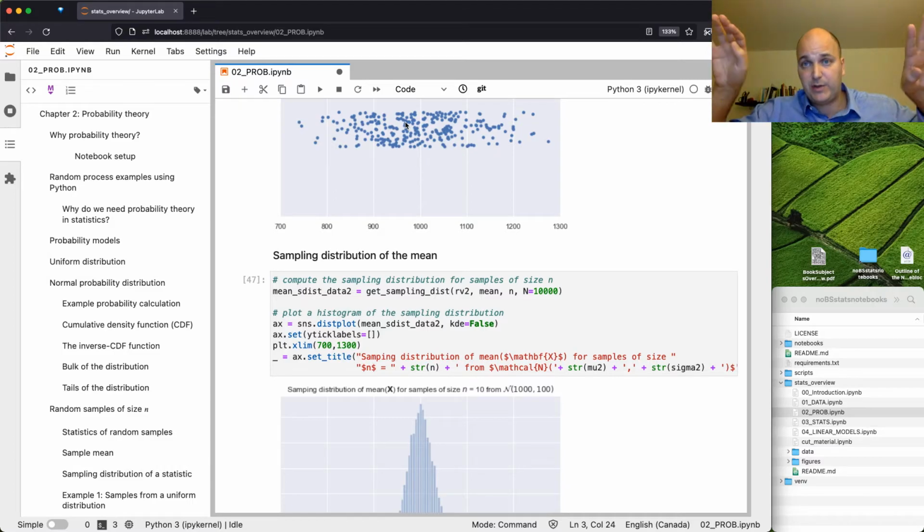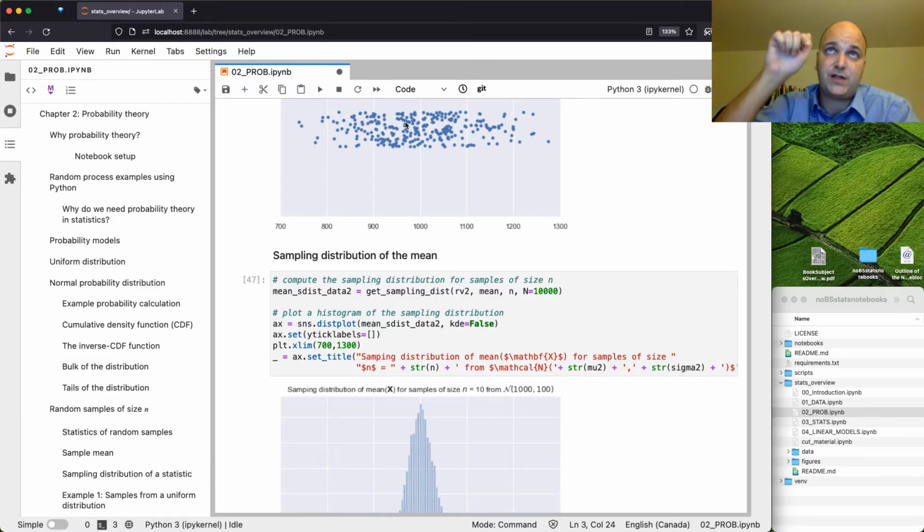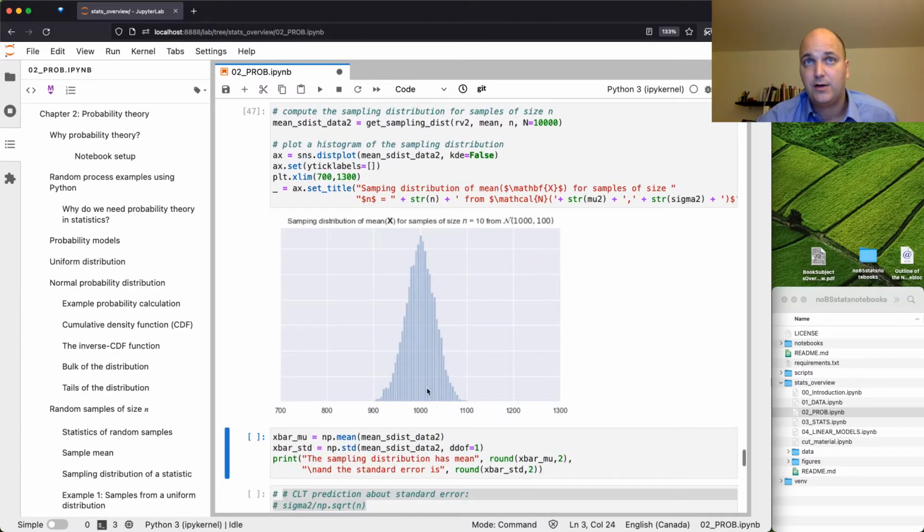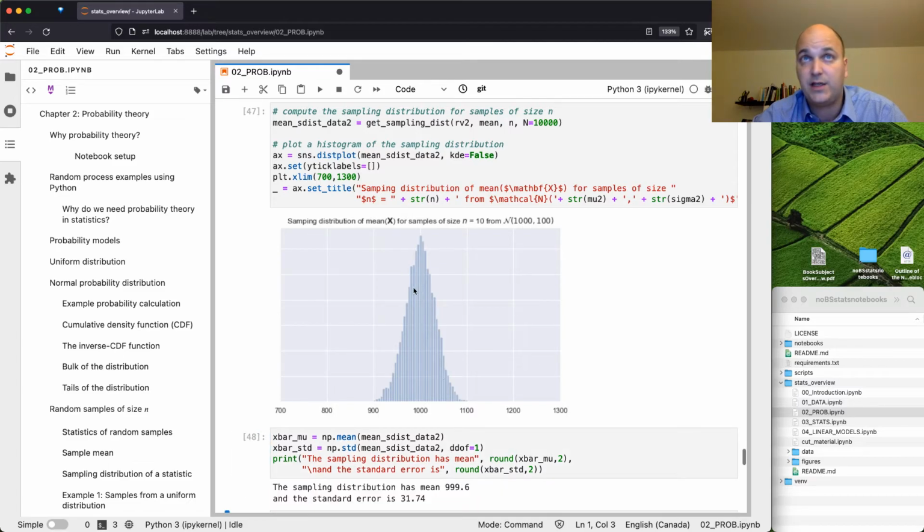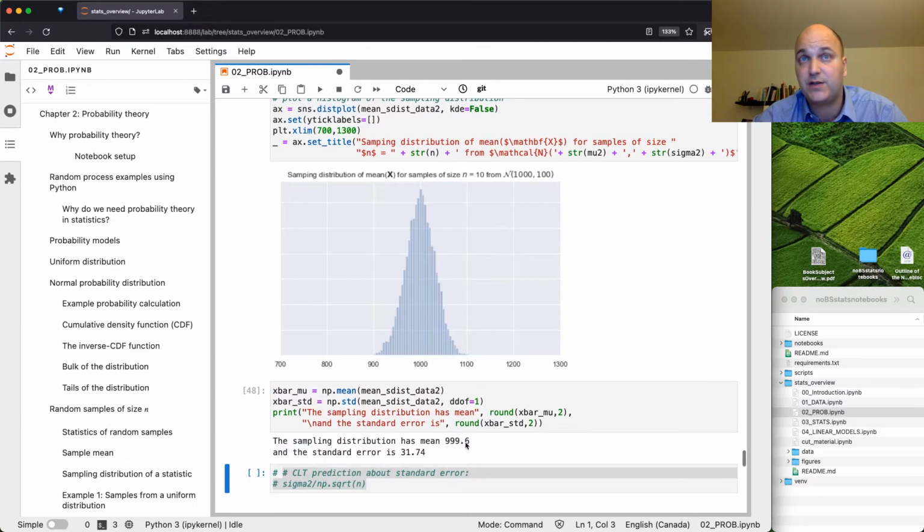The variability of the sample is large, but the average, like the center of mass of 10 points, is going to be somewhere close to the middle. The distribution can be above or below 1,000, but the average is going to be pretty much in the center. Same thing, the center is very close to the real 1,000, the middle, and the spread is about 30.